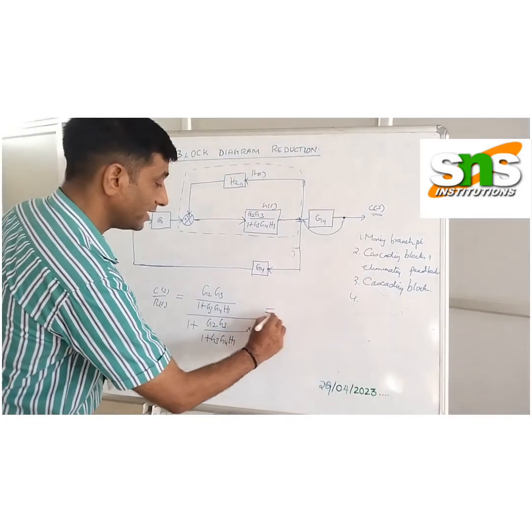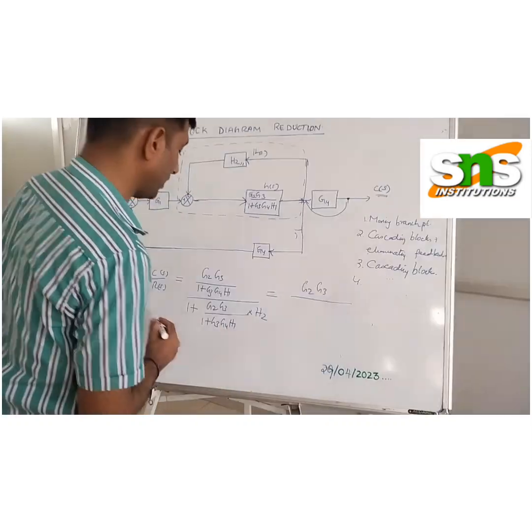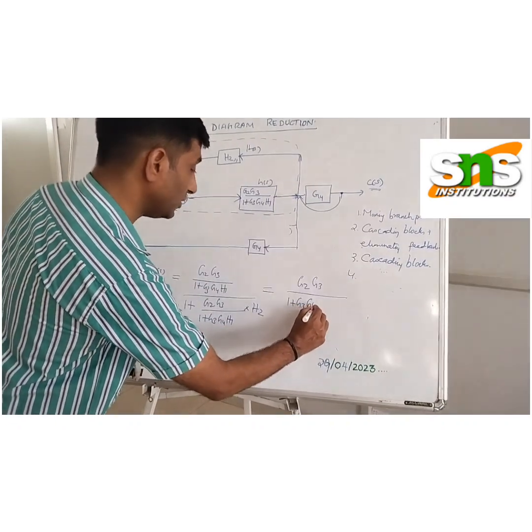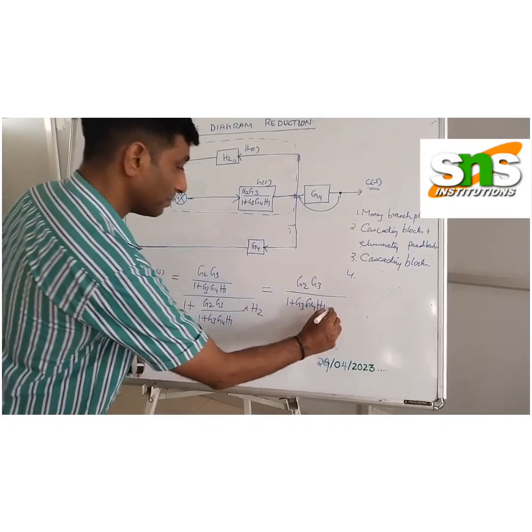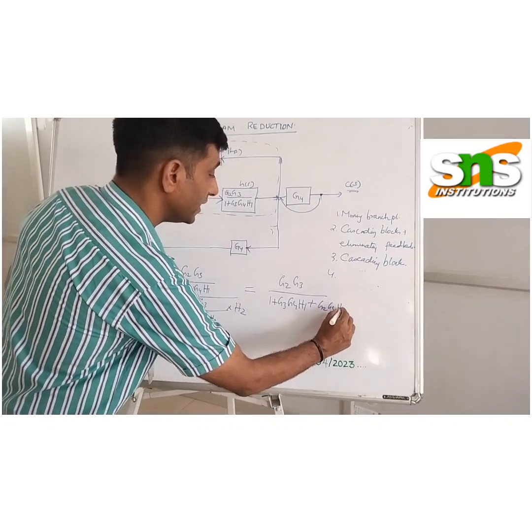So finally my transfer function is G2 G3 divided by 1 plus G3 G4 H1 plus G2 G3 H2.